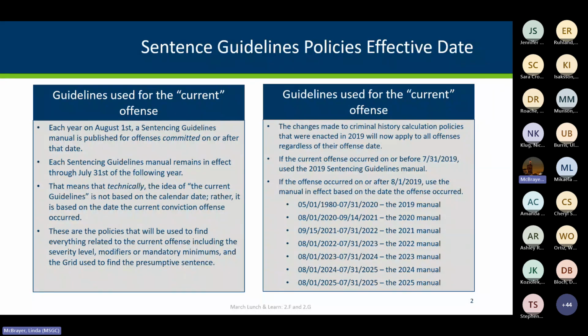When we refer to the current guidelines, we're not talking about the current manual that is lined up with this calendar date. We're talking about the ones that go specifically to the offense date. Those are the guidelines you use to find everything related to the current offense, especially within today's training, any modifiers, and also finding the durations for the consecutive sentencing.